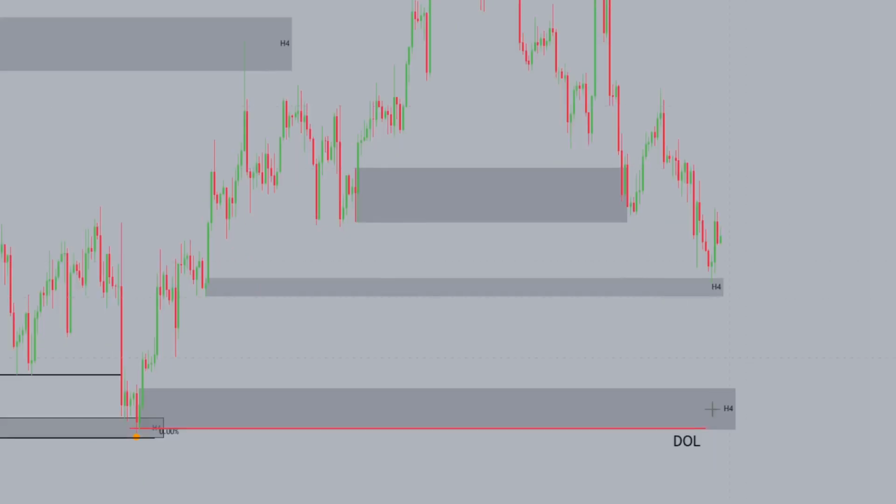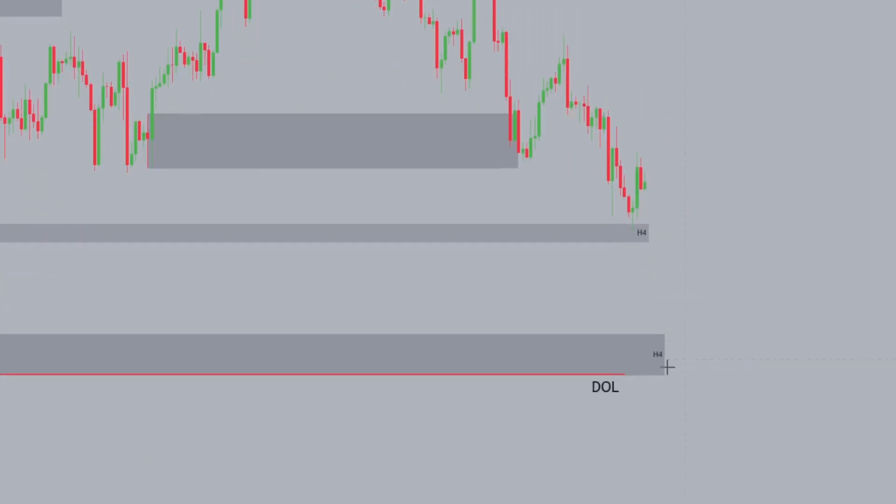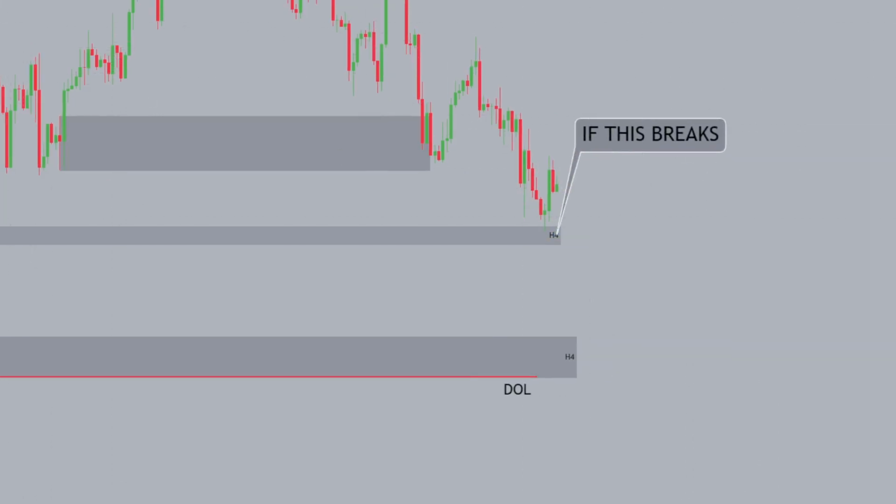But this is where the outlooks come into play, right? We have that daily drawn liquidity, which I want to mention to people down here. And so because of that, if this POI does break, if this breaks, then I expect price to get down to this price point over here. If this breaks over here, this is important to understand.